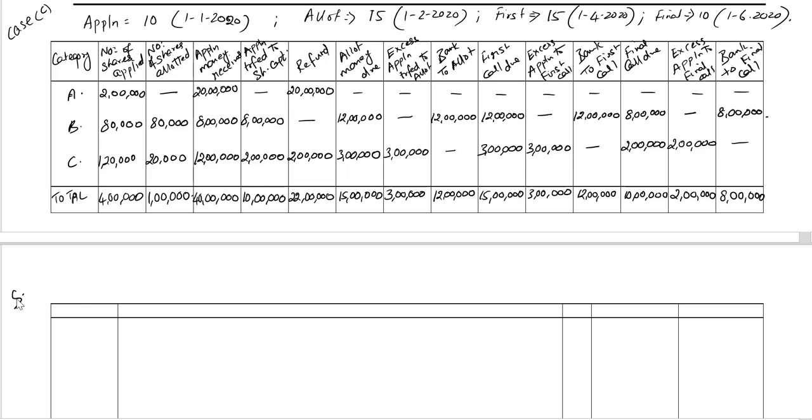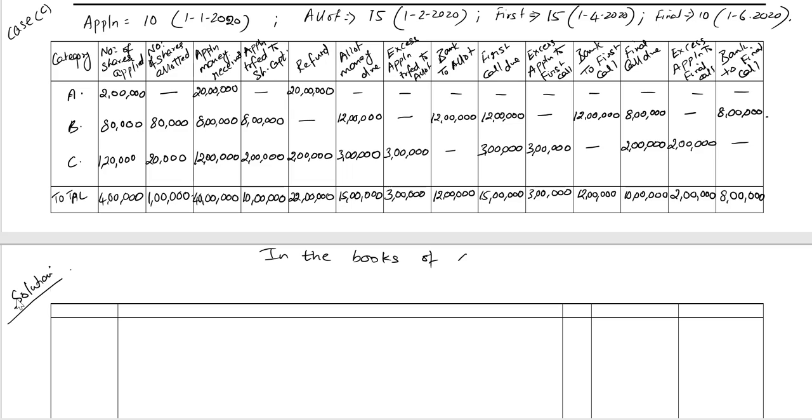Solution. In the books of CS Limited, journal, date, particulars, LF number, debit rupees and credit rupees.